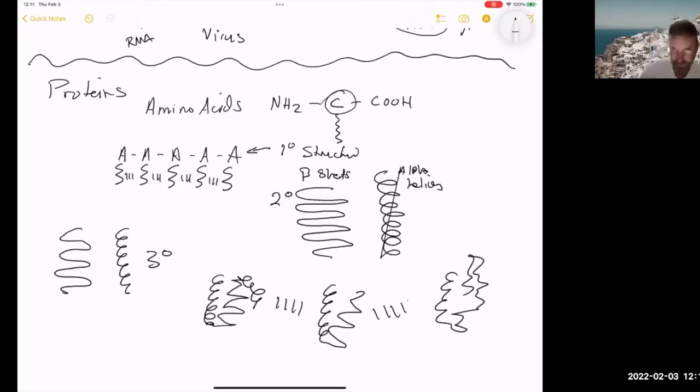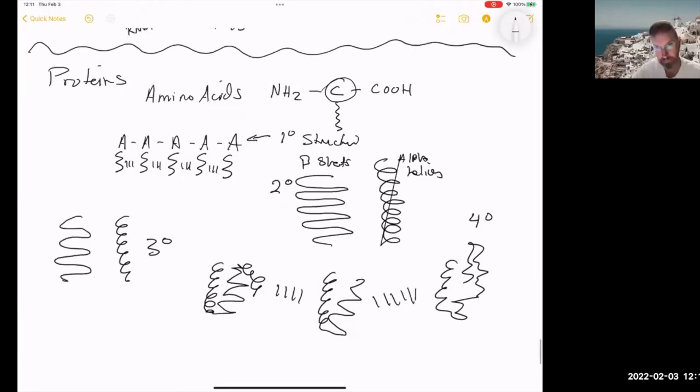And then these globules themselves will start interacting and come together to form the quaternary structure of the protein, right? And that is the complete protein.